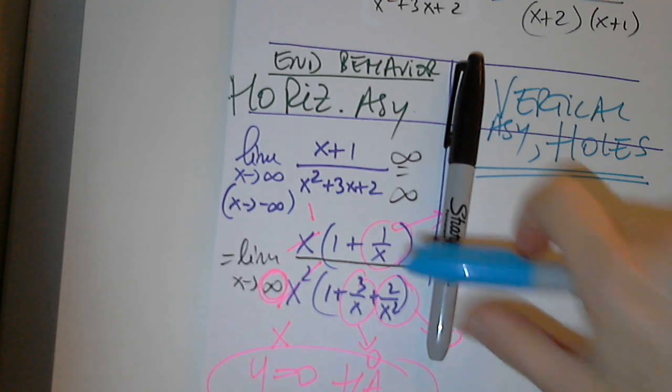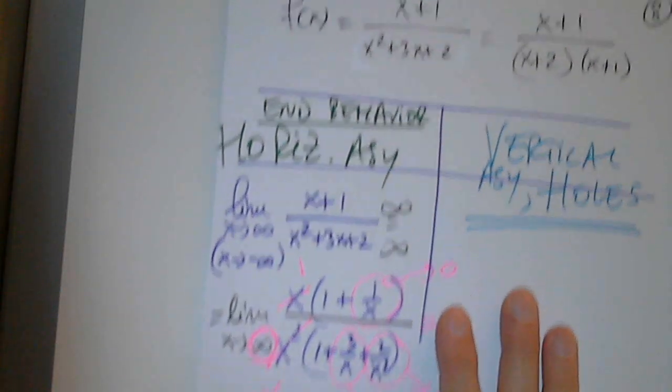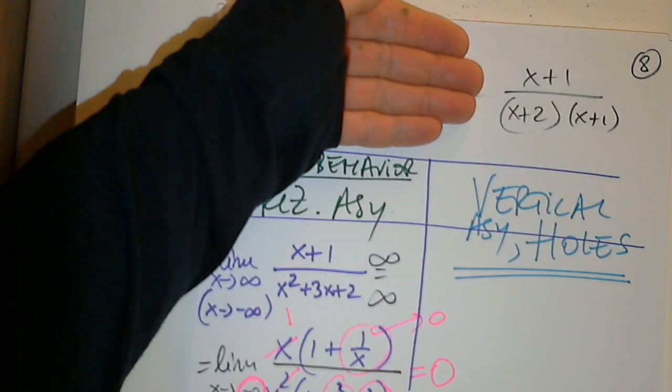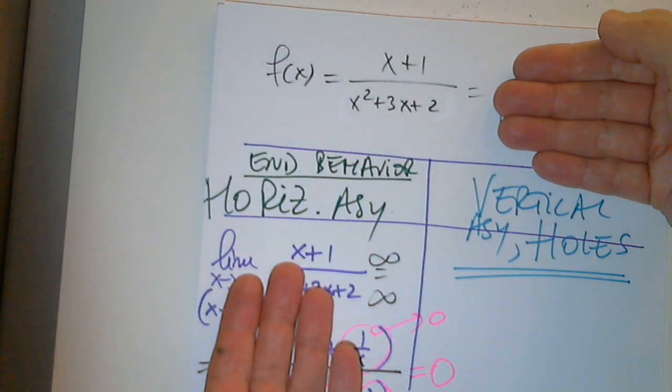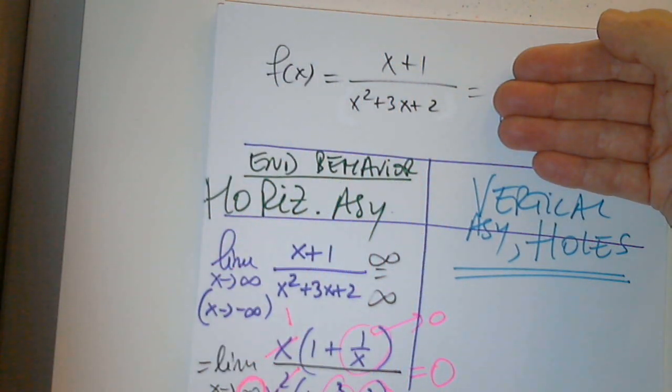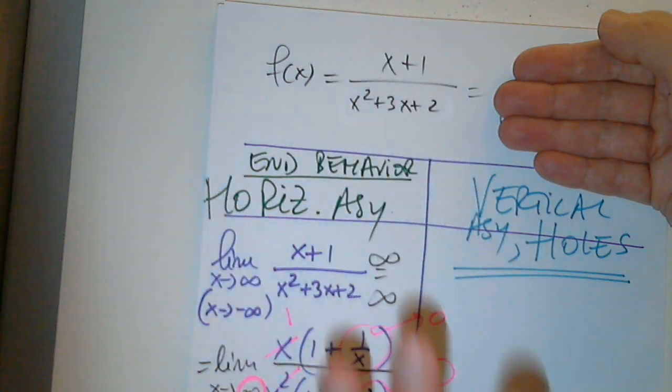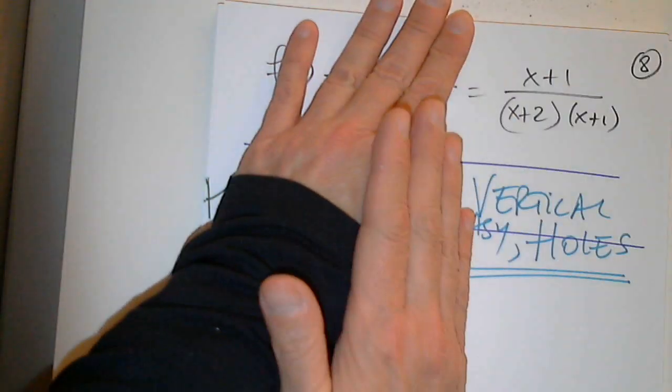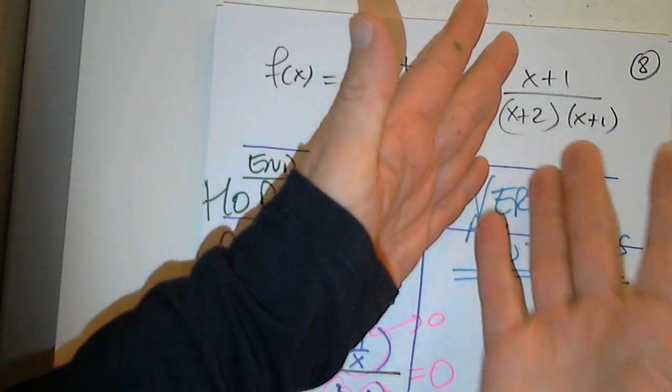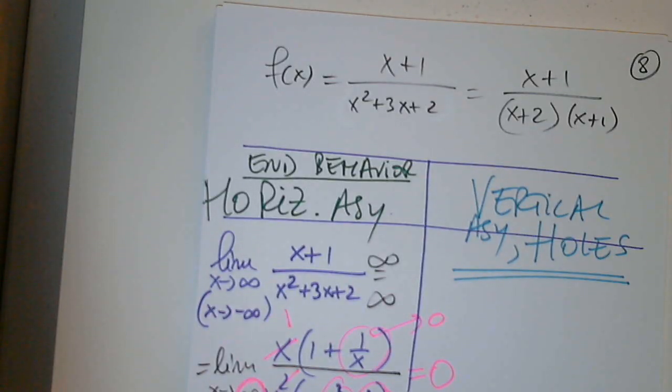Okay, good, so let's take a look. Now I'm looking at the factored form. I will never look at the factored form when I determine the end behavior or horizontal asymptotes. I need the raw form. But now I'm done with that, so I'm going to look at the factored form. And I noticed something very important here. What do I notice?